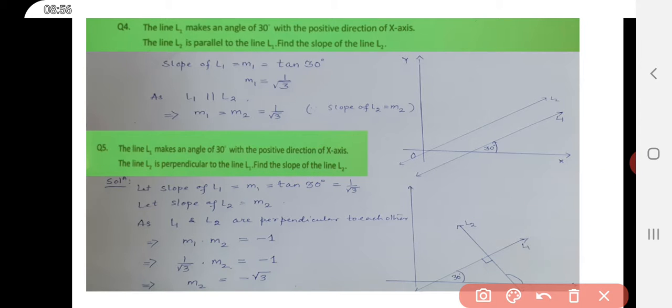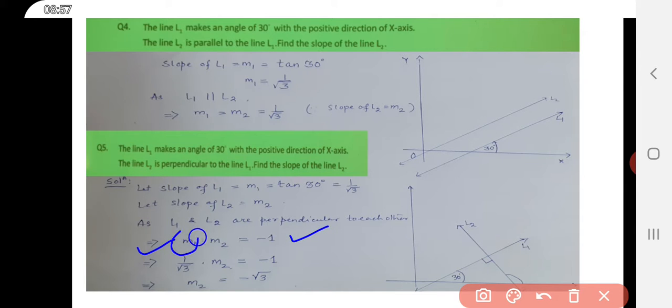So let the slope of L1 be m1, that is equal to tan 30 degree. Here the angle of inclination is 30 degrees, so slope of L1 is equal to 1 by root 3. And let the slope of L2 be m2, and as you know L1 and L2 are perpendicular to each other, then you can write m1 into m2 is equal to minus 1.